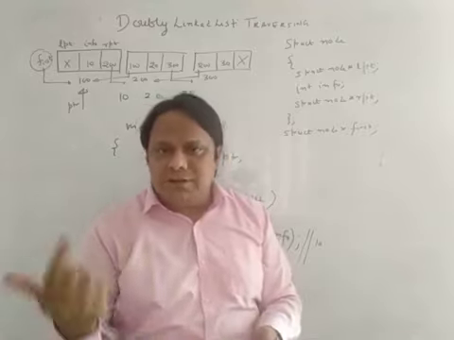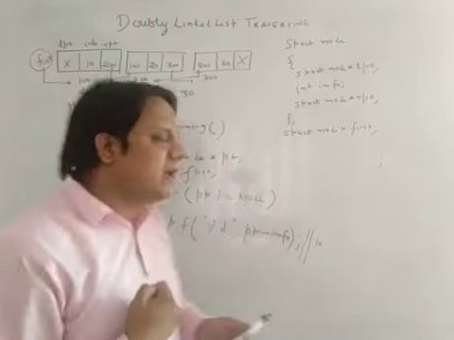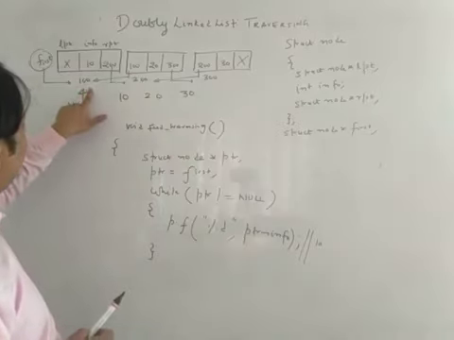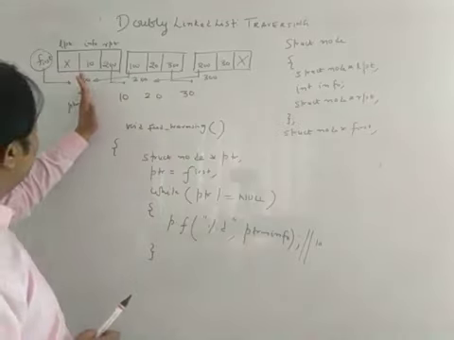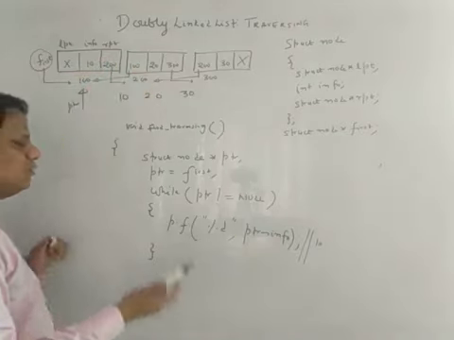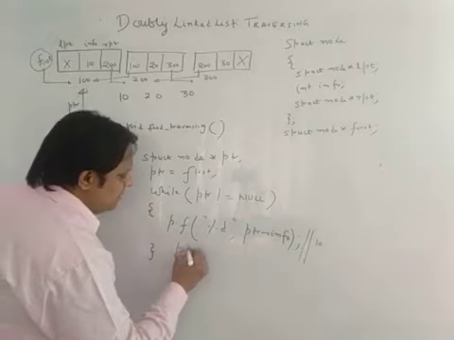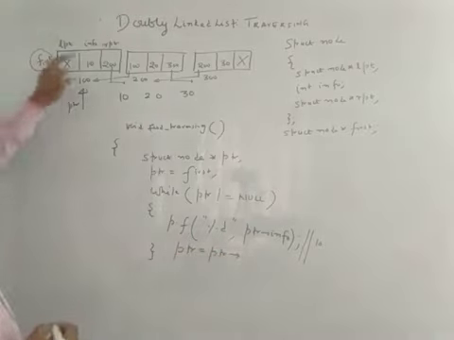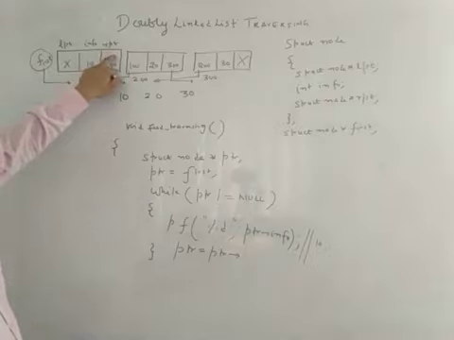So i++ means you increment the value. Similarly, after printing this 10, my pointer is pointing at 100. I want my pointer to point to 200 so that it can print the value 20. So how are you going to increment the pointer? You will simply write ptr = ptr->what? Now this is your RPT. Do not compare it with the link.